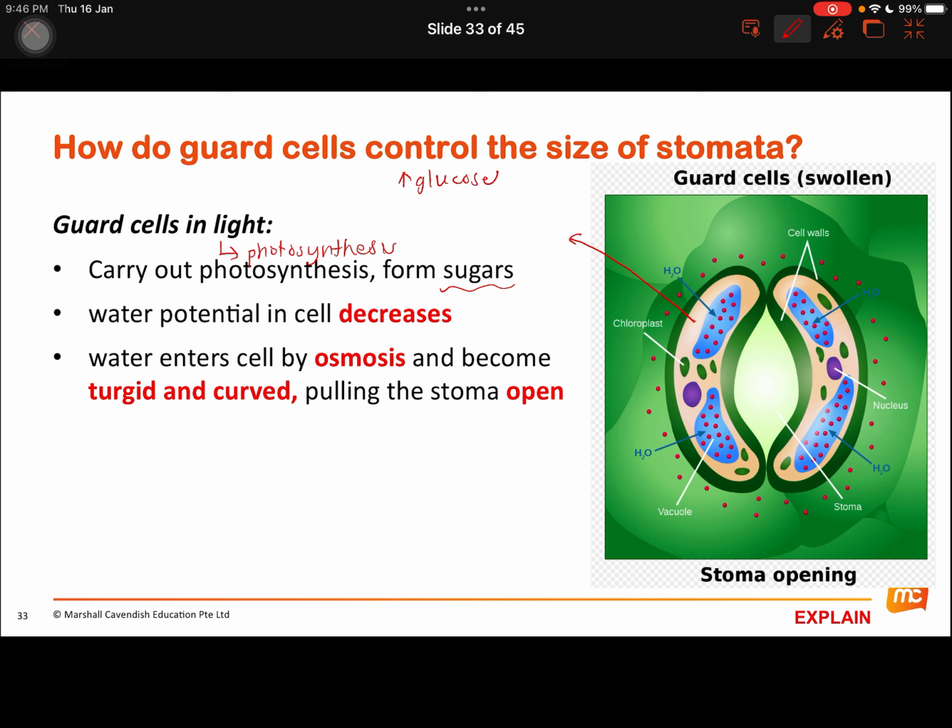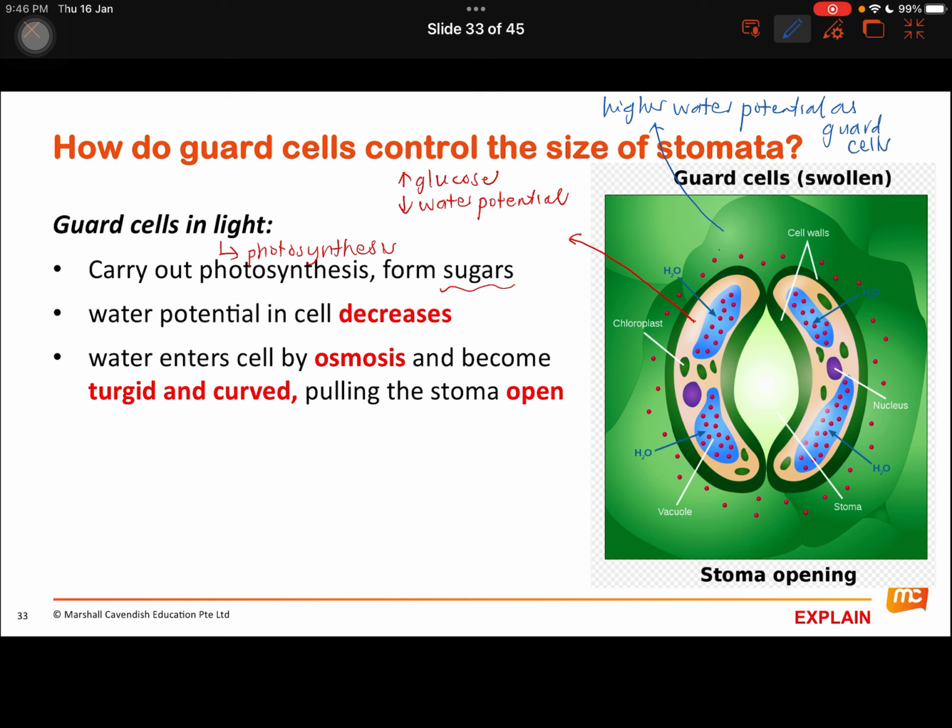So when the concentration of glucose increases, what would happen to the water potential? The water potential inside the guard cell will decrease, as compared to the neighboring cell that has a lot of water. Alright, so I'll just point another arrow out in another color. Alright, so the neighboring cell would have a higher water potential than the guard cells.